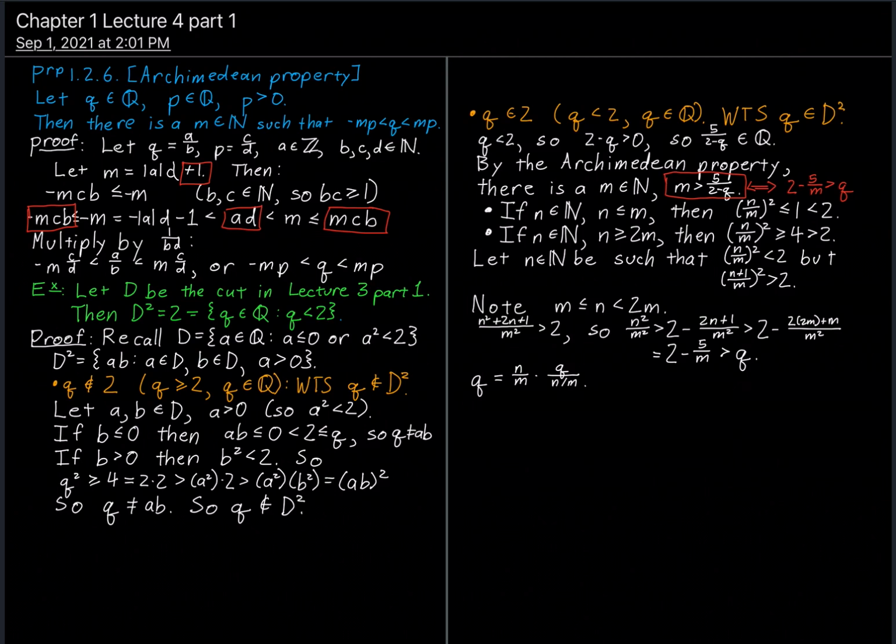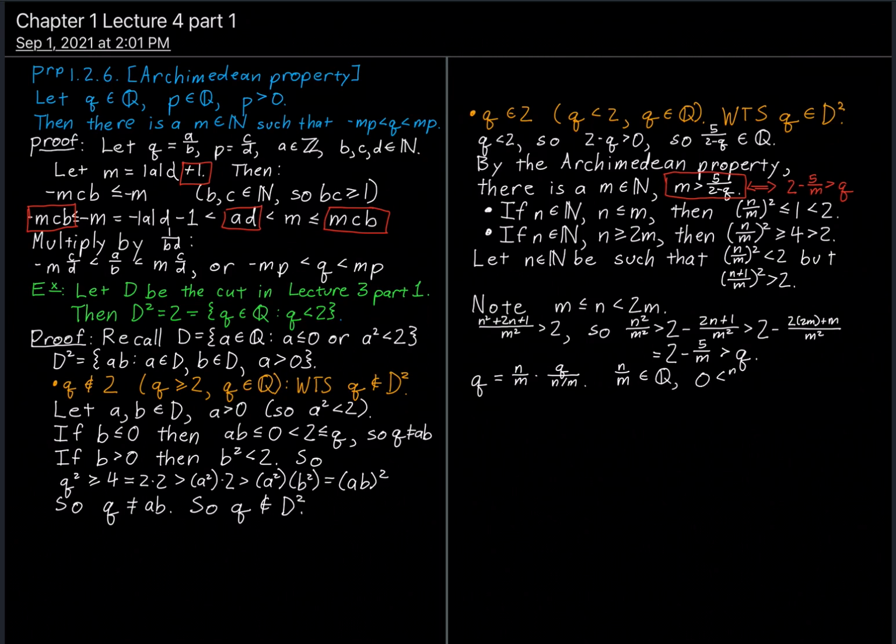And notice that that is a product of two rationals. N over m is a rational.